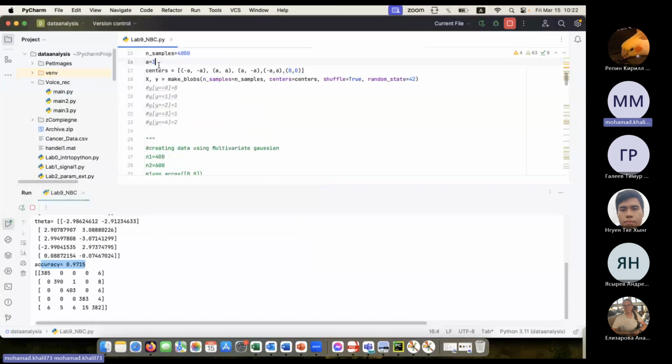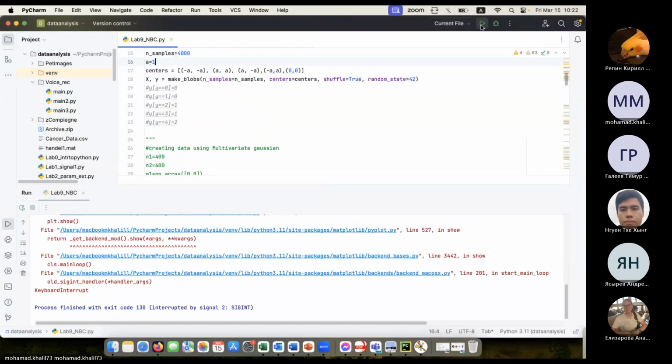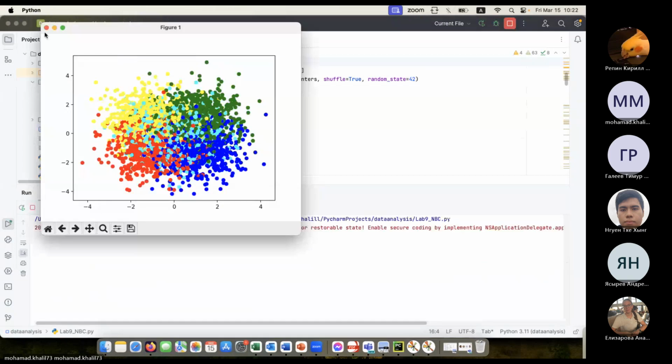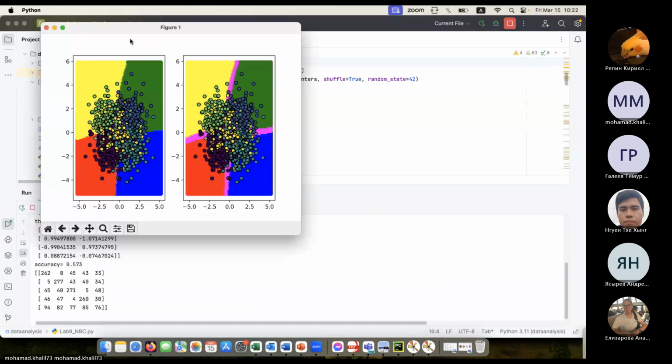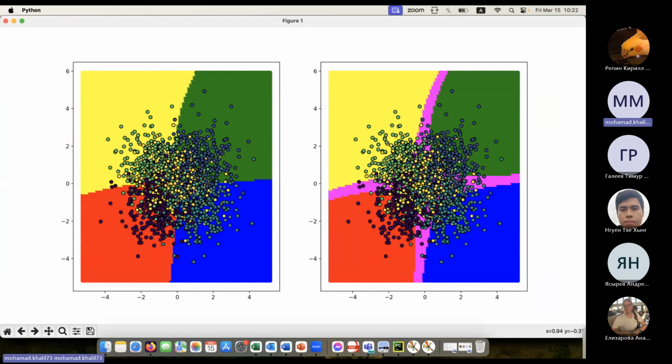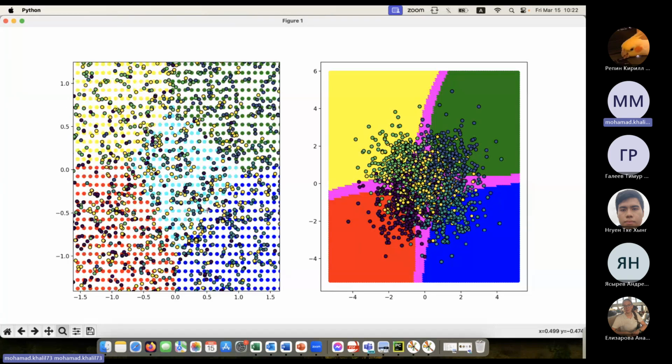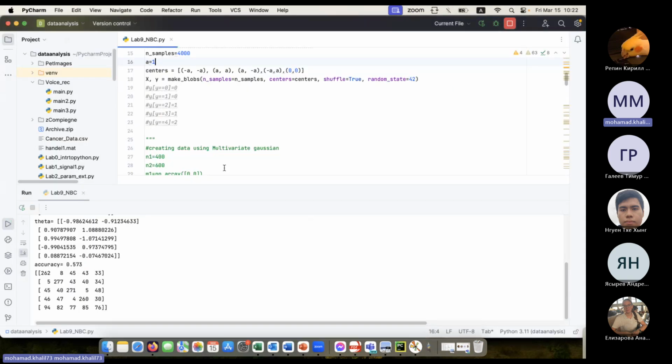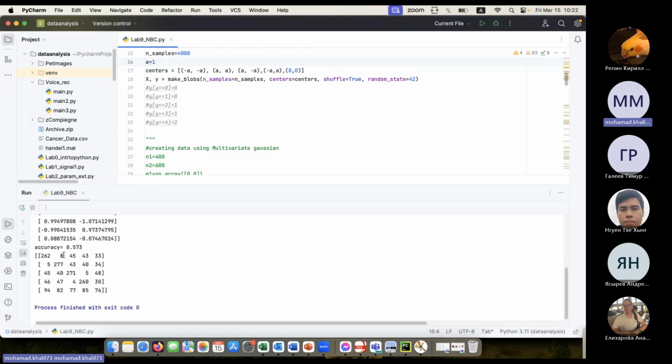If you put A equal 1, you see the data are here. You see if you zoom. Here you see the internal classes, and here class 1, class 2, class 3, class 4. And here, look here, the error. You see, the accuracy is only 57%.